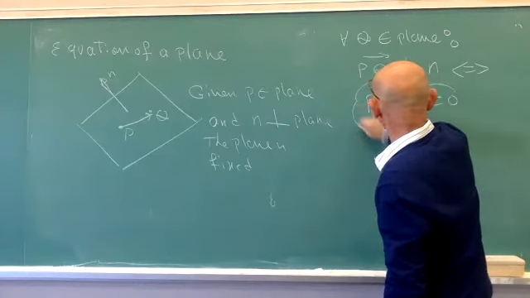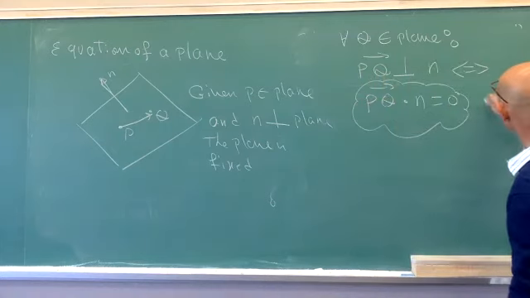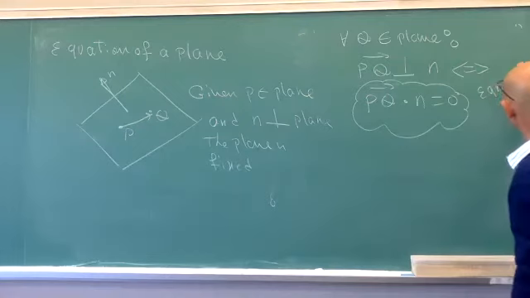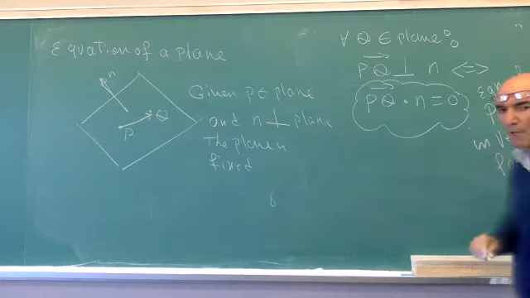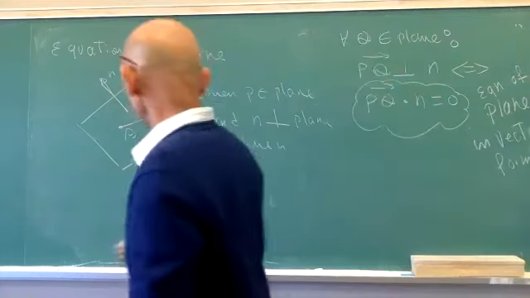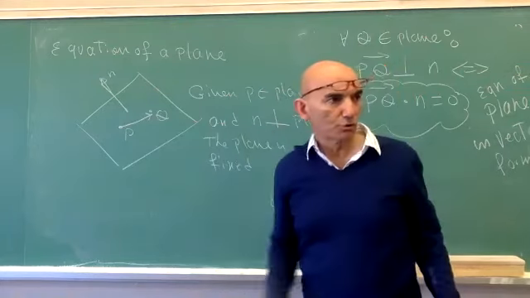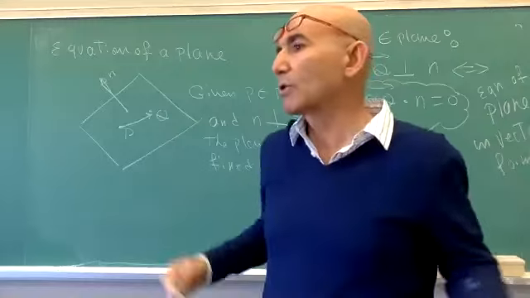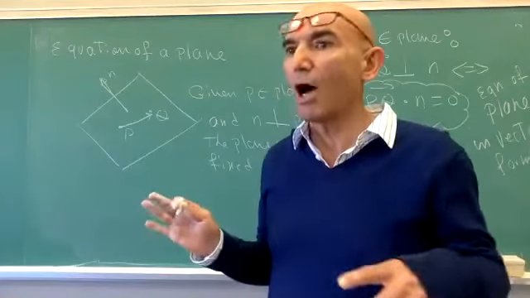This is the equation of a plane in vector form. What remains to do after this step is just to unpack this equation and see what implications it has in other forms. That's what we did also with the line.